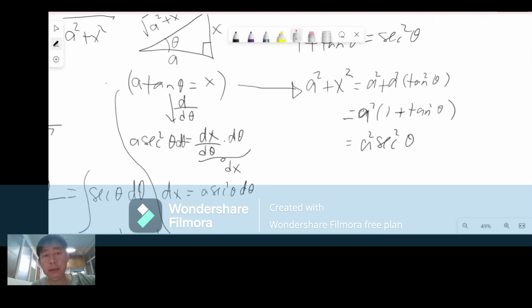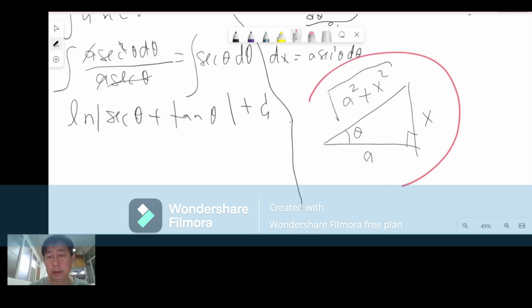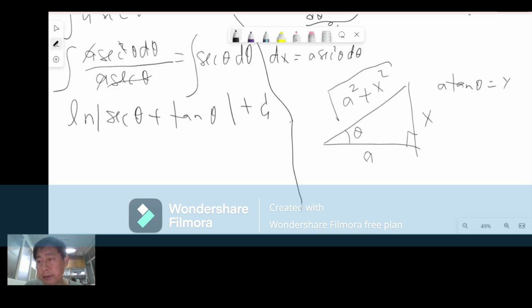This could be done by referring to the definitions that relate x to tangent theta. This is just the original triangle that was written down a minute ago that represents the parameterization of tangent theta equals x, or rather tangent theta equals x over a.